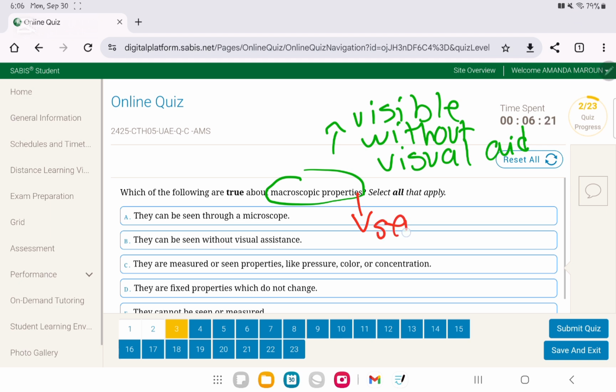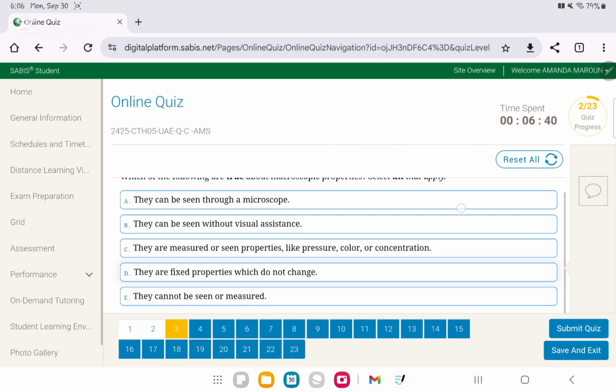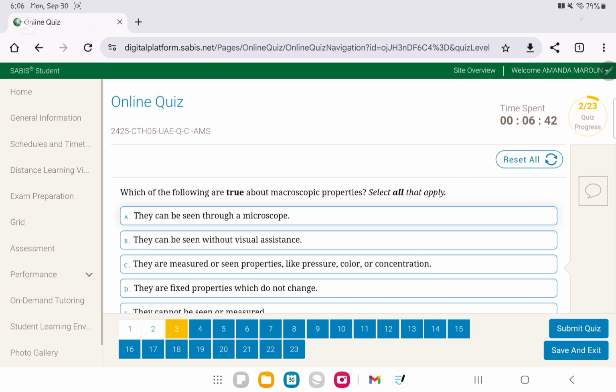They are seen and measured. Okay, this is wrong, they are not fixed properties. So pretty much this is it about equilibrium.